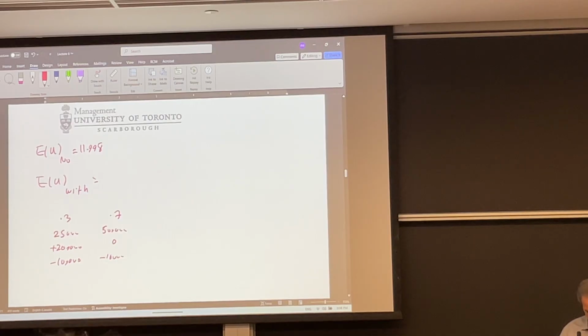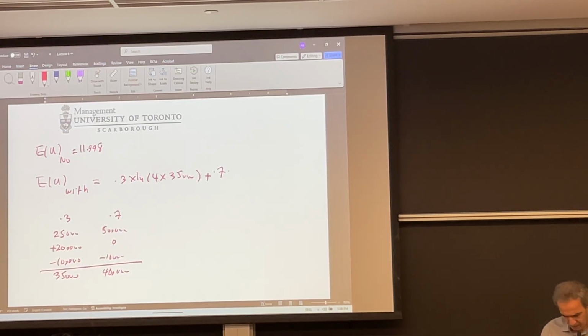So you end up with 40,000 there and 35,000 there. You just have to find expected satisfaction of that stream of income, which should be 30% of LN 4 multiplied by 35,000 plus 70% of LN 4 multiplied by 40,000.